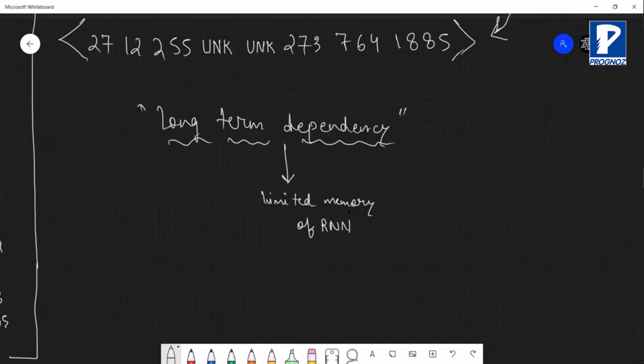वही चीज RNN में भी होता है, because the cell of RNN is having a peculiar size. ये एक specific size का बना हुआ होता है. Okay, so it is not possible for you to keep on adding information one after the other.